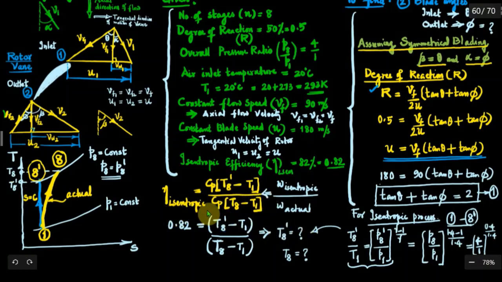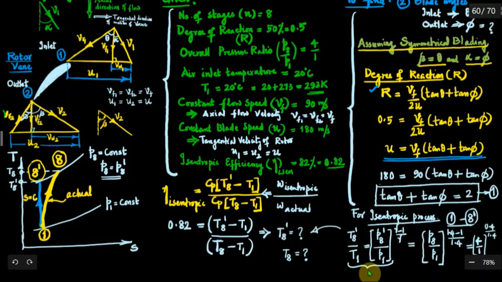So isentropic efficiency is isentropic work done by actual work done, that is Cp into T8 dash minus T1 divided by Cp into T8 minus T1, and Cp will be cancelled. You get 0.82, that is given as isentropic efficiency, equal to T8 dash minus T1 divided by T8 minus T1. T8 dash is the temperature at the end of isentropic compression. T8 is the temperature at the end of actual compression.